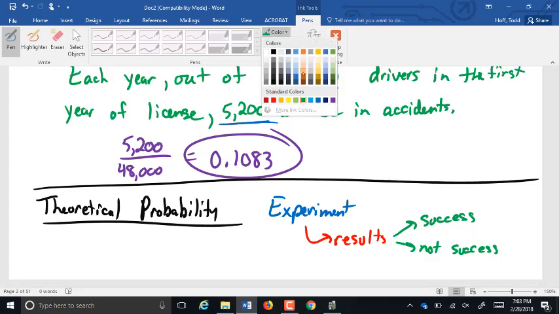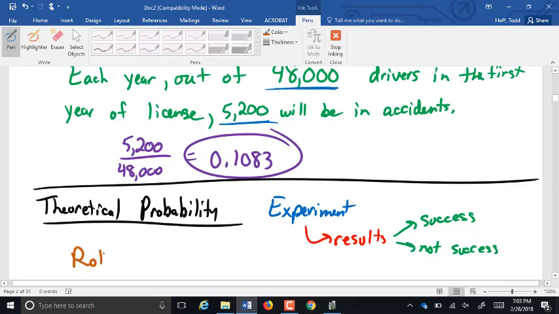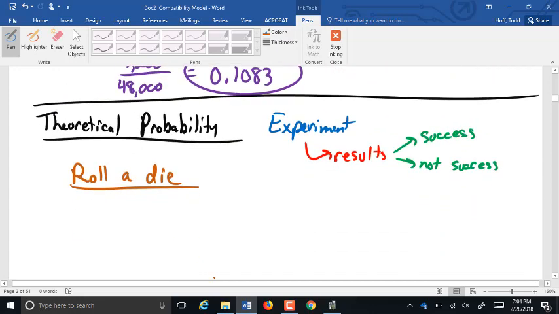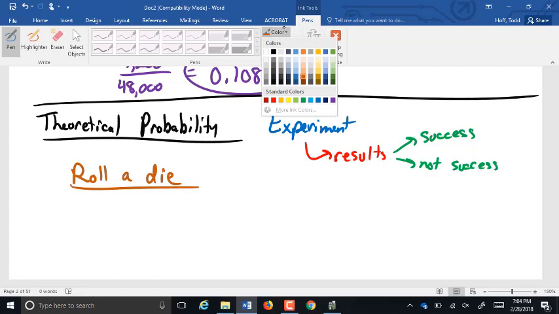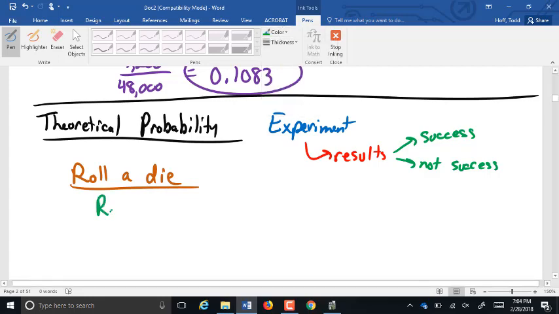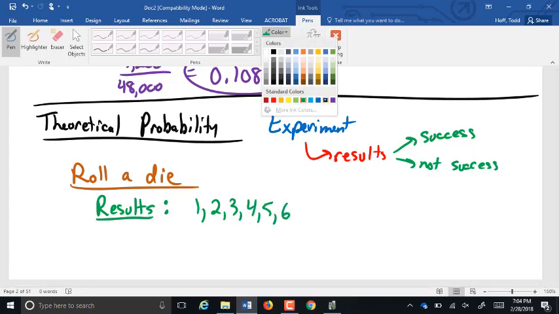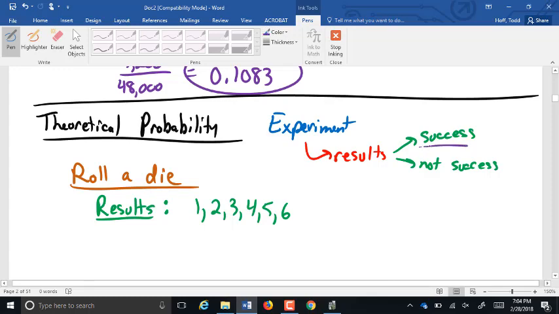What do I mean by that? We roll a die. That's our experiment. What are the possible results? Yeah, 1, 2, 3, 4, 5, 6. The successful results or outcomes are the ones that answer our question or meet our condition.